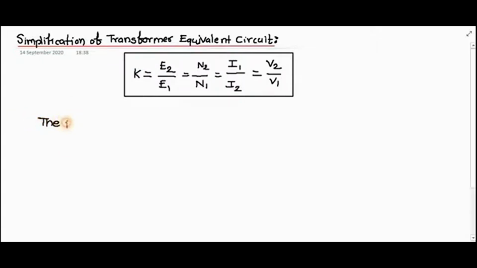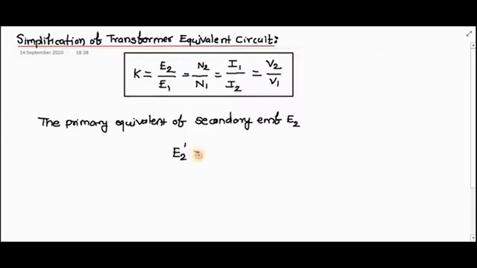So if K is the transformation ratio of the transformer, then I can write the primary equivalent of secondary EMF E2. If my E2 is transferred from the secondary side to the primary side, then I will denote it with E2 dash, that is equal to E1, equal to E2 by K, simply from equation number 1.